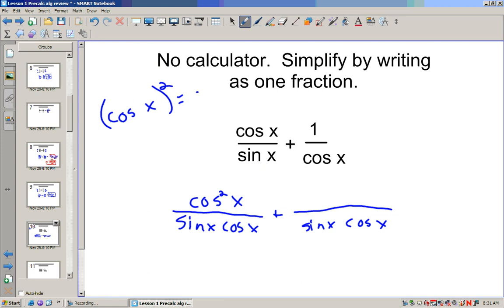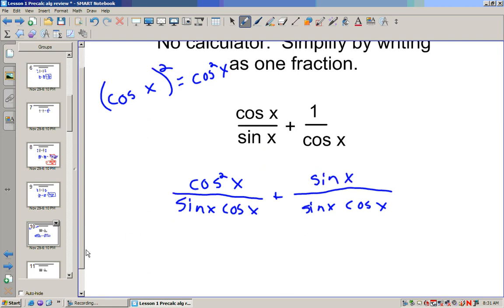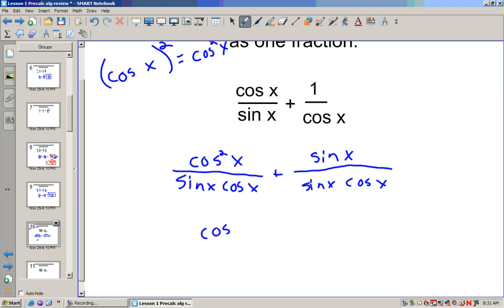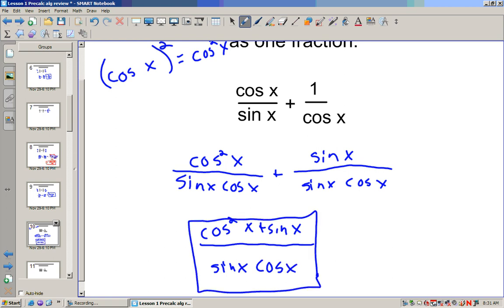So what we do is we put it after the cosine to show that there's two cosines multiplied by each other. Now over here we're multiplying by sine, so 1 times sine is sine x. So we have cosine squared x plus sine of x all over sine x cosine x. And there's our answer.